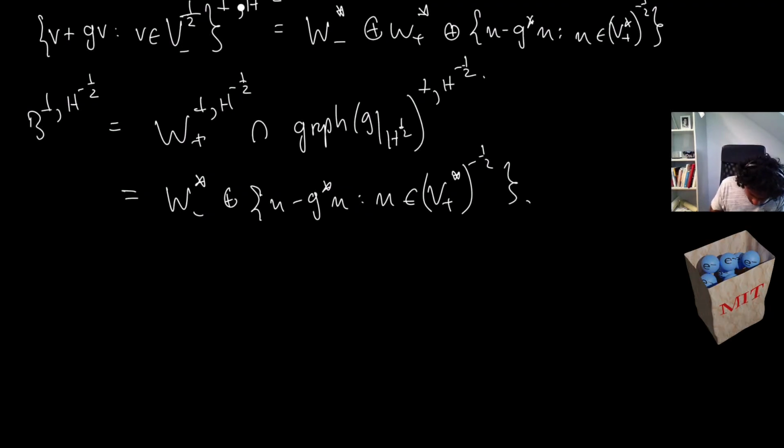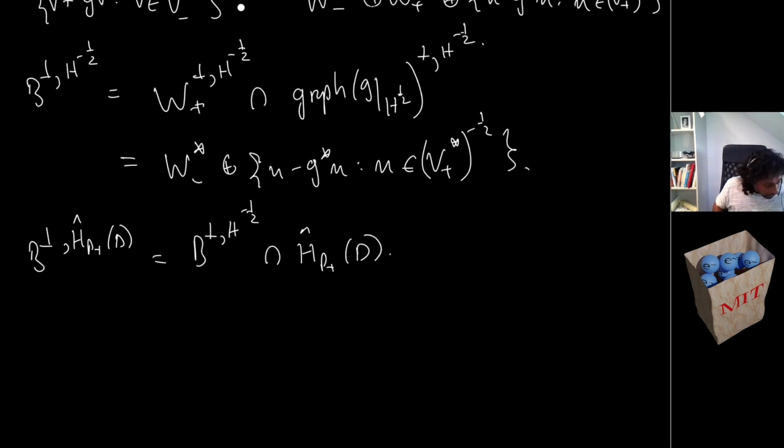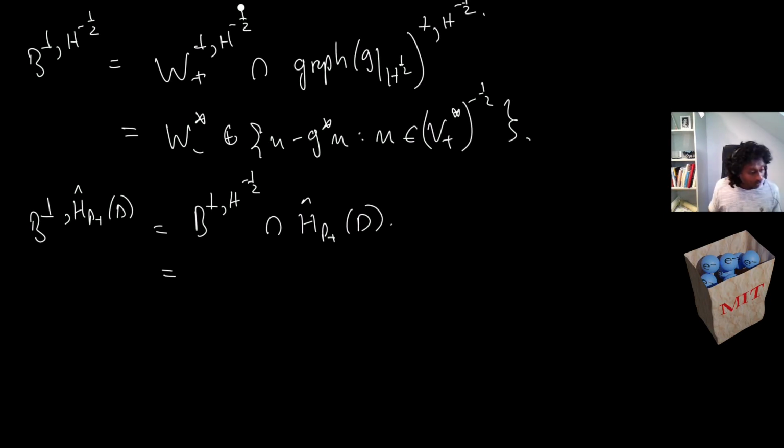So now let's have a look at what happens when we look at the subspace, which is the hat space. Okay? So now we look at B annihilated in the hat space P plus of D. So this is now equal to B annihilated in H minus a half intersect the hat space. Okay? And so what happens?